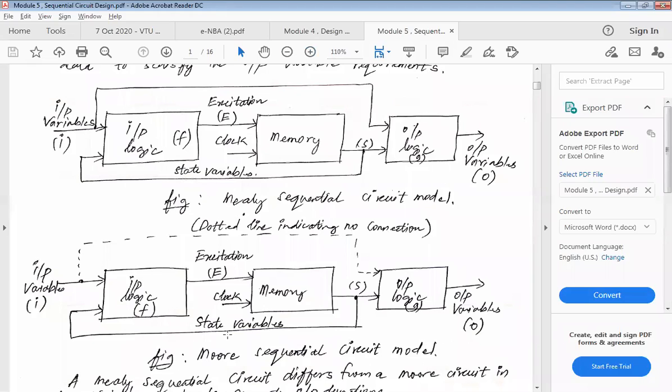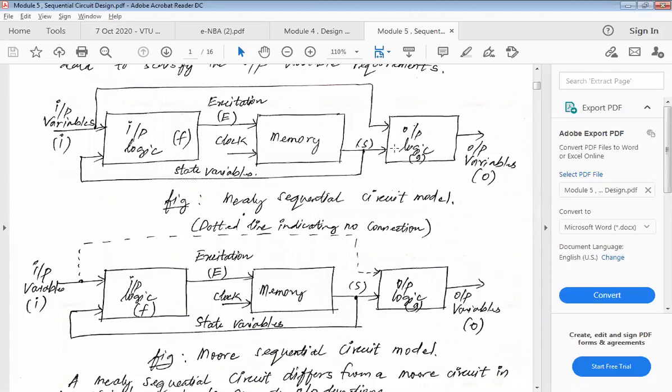Look at the other combination, where the input is not connected to your output. This means your output logic is only dependent on the output from the memory. But in the Mealy model, it is also dependent on the input variables as well.